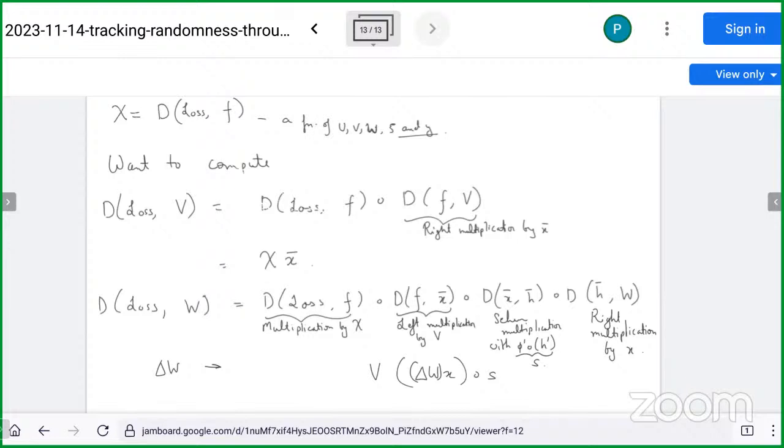It has to map to the same space. Because we are not dealing with a finite dimension space, it must be just an inner product by some vector in the same space. So it must really be some other matrix that you take an entry-wise product with. So this matrix is X times V Schur product with S. That's it.